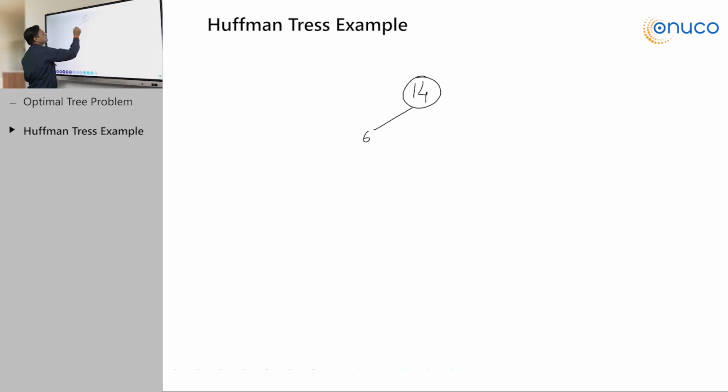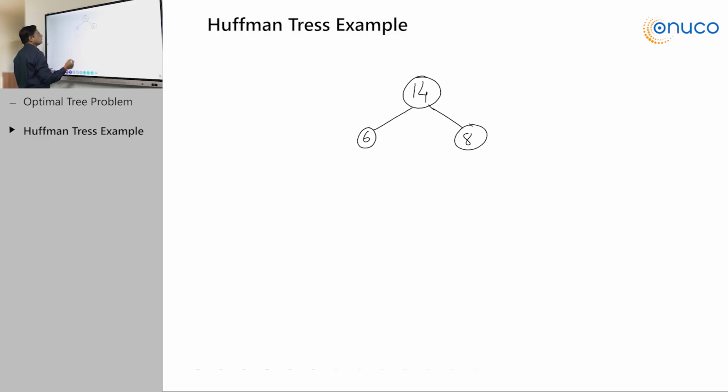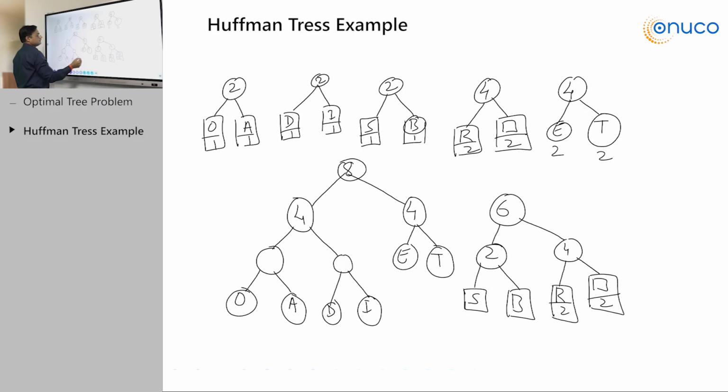On the left side the 6 part will come, on the right side the 8 part will come, right. And we are going to rewrite all this information. 6, we have a 2, 4, okay. We have a 2 and we have a 4, right, 2, 4.